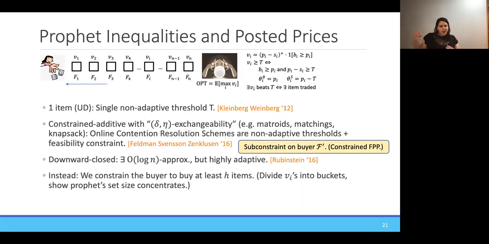So we look at what that optimal size is, and then we say to the buyer, you need to take at least this H many items. You can buy whatever you want as long as you take at least H many items. So this is another type of constrained fixed posted price: here are your prices, but you need to buy at least H items. And we choose H by looking at this concentration. So that's how we do general downward closed. Okay, any questions about that?